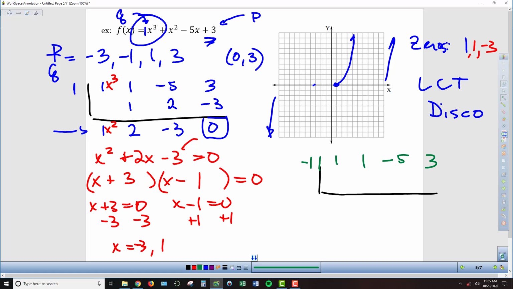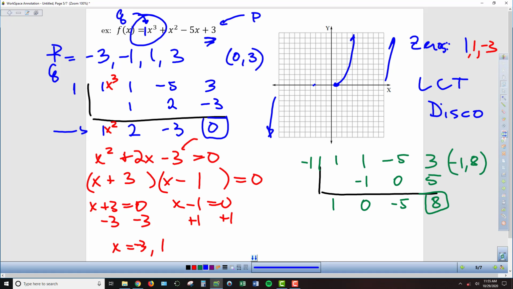If I roll through my synthetic division, I've got 1, -1 times 1 is -1, and 1 and -1 is 0, -1 times 0 is 0, add that and get -5, -1 times -5 is 5, 5 and 3 is 8. So I get a remainder of 8. That means my graph is going to top out at -1, 8. That might not be the exact local maximum, but it's a good estimate.